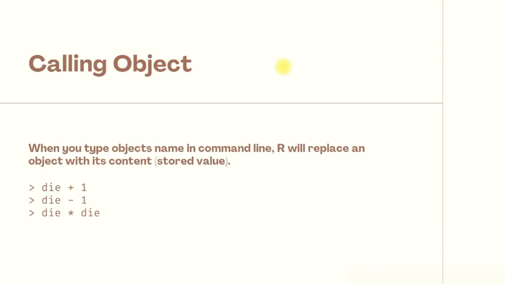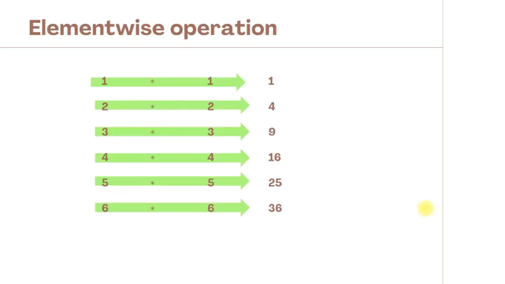While calculating the result of these operations, R uses element-wise execution. So R will apply the same operation to each element of a set. Let's take this example, die minus 1. What R will do is subtract 1 from each element of die. Now in the case of a multiplication operation, two vectors are involved because we are multiplying die with die.